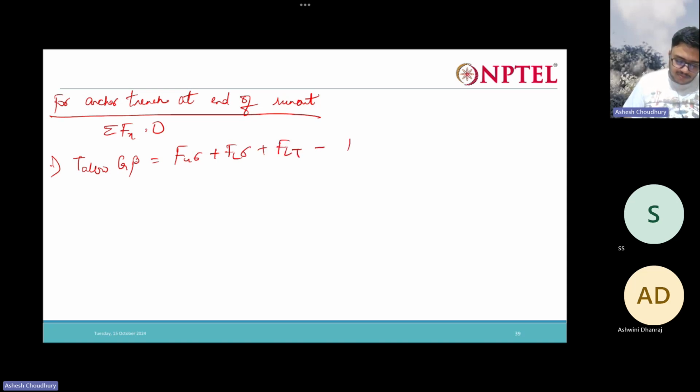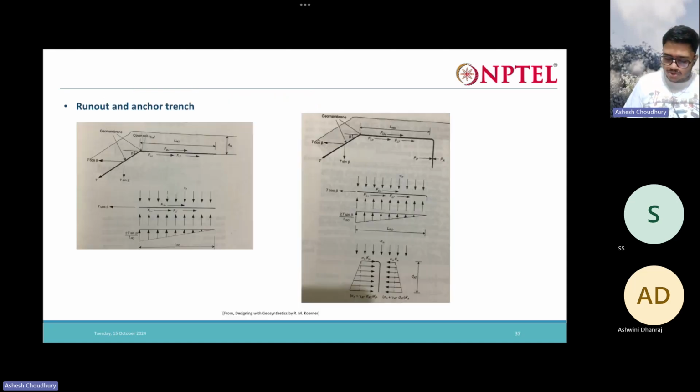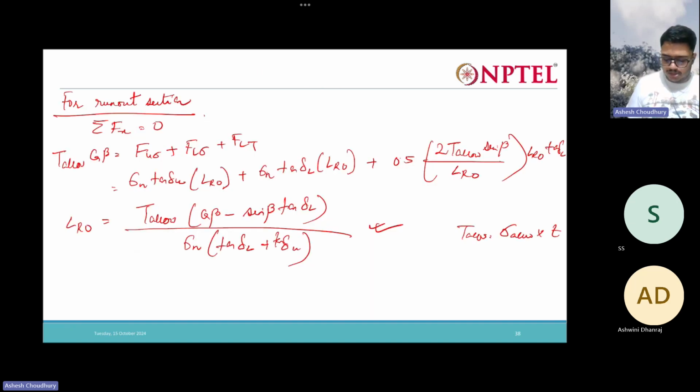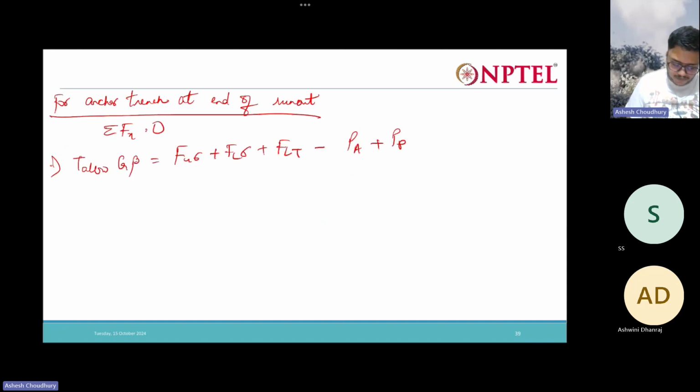Additionally, you will have this minus PA plus PP. So what happens? Here some passive resistance has developed. This way you have a passive resistance, and this side you have an active resistance. Obviously this passive is higher, so it actually helps us to hold the geomembrane in position.